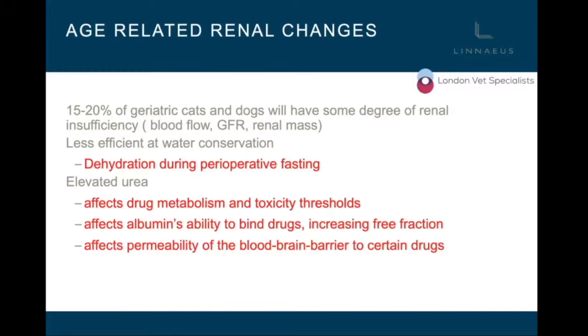In fact, it's estimated that between 15 and 20% of geriatric cats and dogs will have some degree of renal insufficiency, whether that is not detected on the blood tests that we have available at the moment, or whether it's detected earlier by some biomarkers rather than urea and creatinine. It's not important which, but the fact is that a significant portion of those older animals will already have significant nephron loss, so it's important for us to try and keep the ones that we have without causing them damage. But because they have some degree of renal insufficiency, they may have poorer fluid balance control.